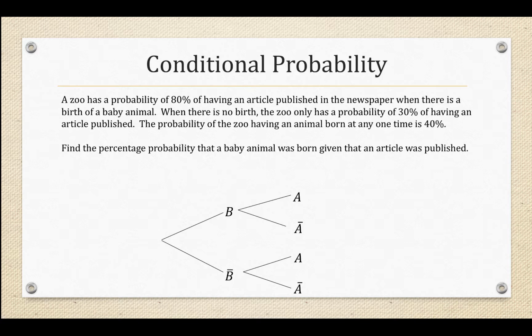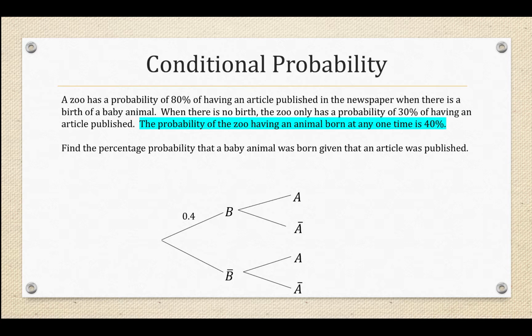I'm going to put this information into a tree diagram, where B represents a baby animal being born and A represents an article being published in the newspaper. So the probability of the zoo having an animal born at any one time is 40%.